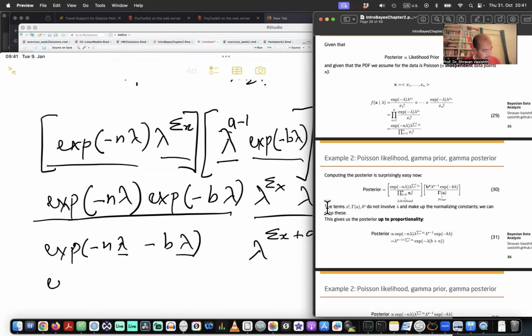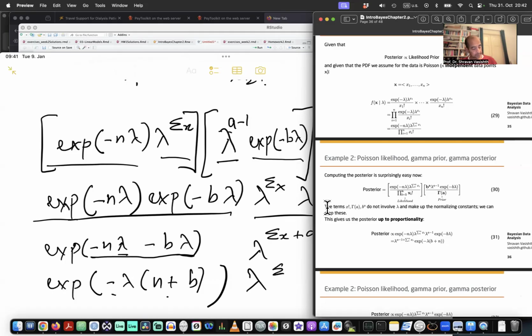And so I could write that as exponent minus lambda, and then I would write n plus b, because minus plus gives me a minus. If I open up the brackets, I would again end up with minus n lambda minus b lambda, right? So that's why I've written it minus lambda, n plus b in brackets. Okay, so what I end up with is this expression, sum of x plus a minus 1.